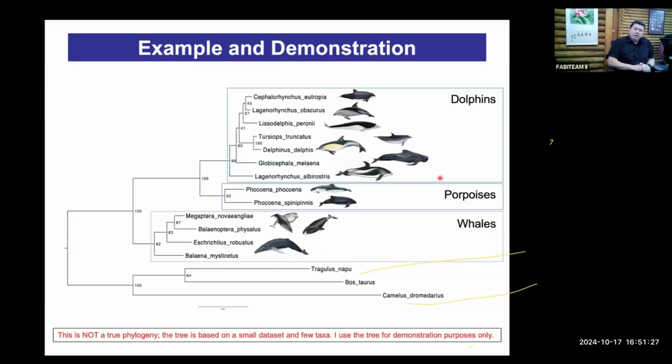You do not collapse a tree that's generated from your data. When we present our phylogenetic trees, we typically do not collapse a branch into a polytomy unless you very clearly state that you've done that.